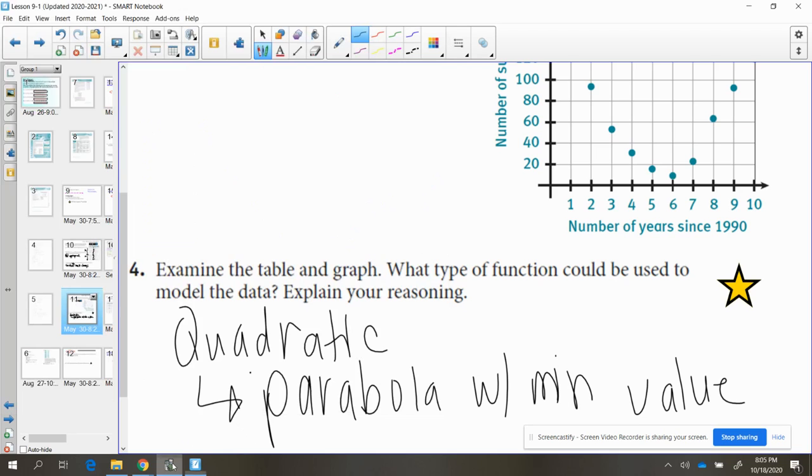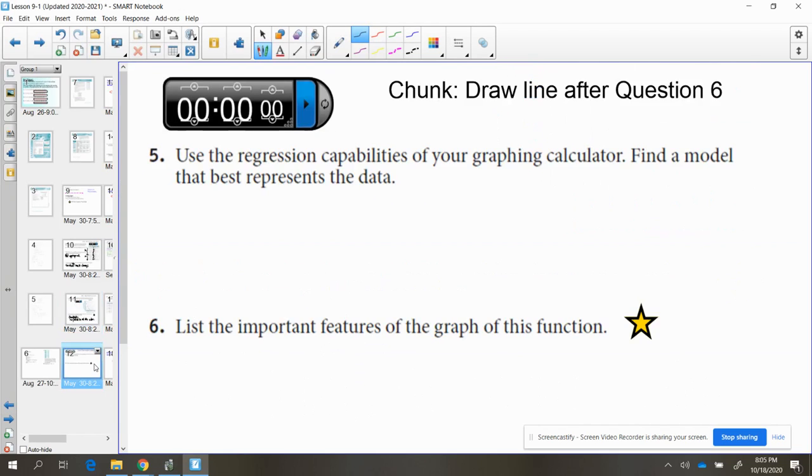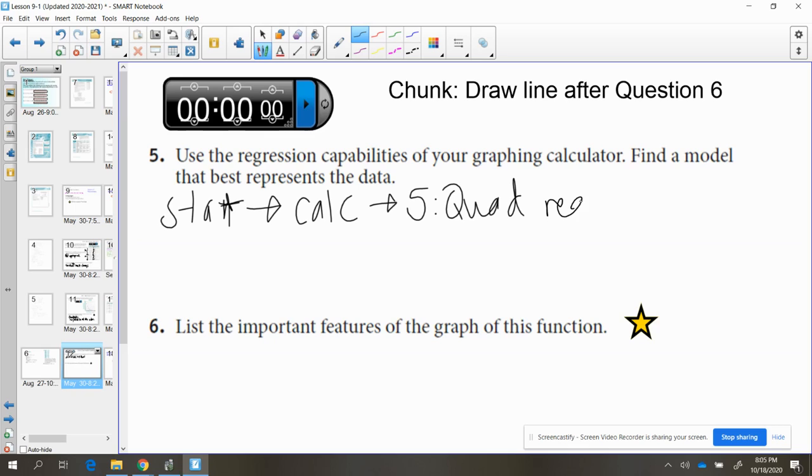Okay. So again, the steps for that then are stat menu, calculate, and then option 5, in this case, a quadratic regression to get the line. And again, what we see here, some important features are that this is symmetric.